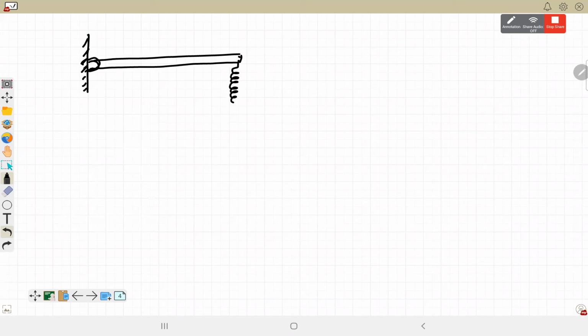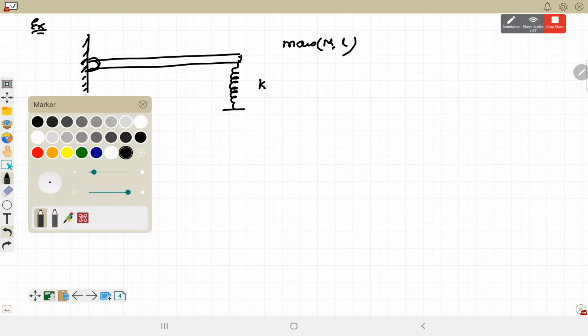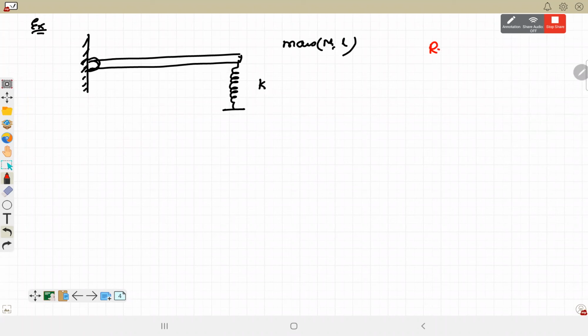Now we have to find the time period of SHM of this rod. In equilibrium, it is given that initially the rod is in horizontal position. तो उसका मतलब जो नीचे स्प्रिंग लगी हुई है वो कुछ compressed होगी because it has already balanced the weight and the torque due to weight.